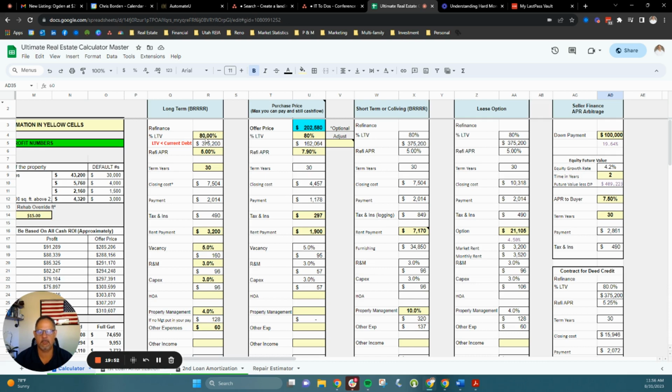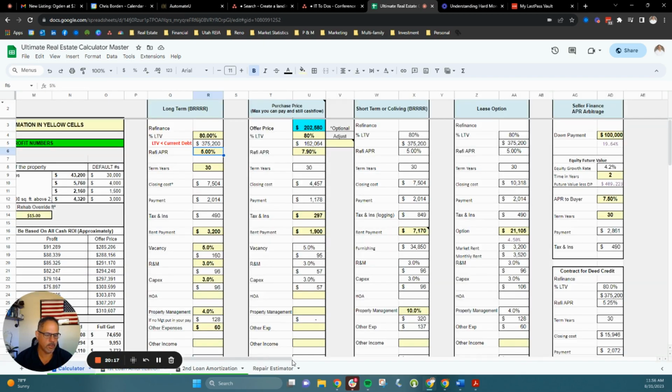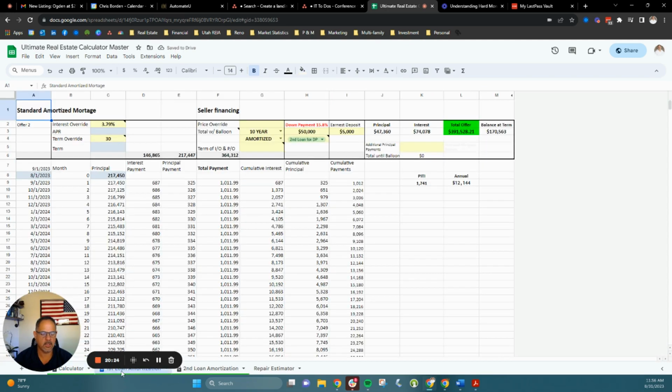They're going to tell you how much of the ARV or the value they would loan on, and then how much your interest rate will be, and then what is the term of that loan. Here, you can adjust this, especially if I'm looking at seller financing, right? So if I come back to my calculator, I adjust this to seller financing, and I go back here.